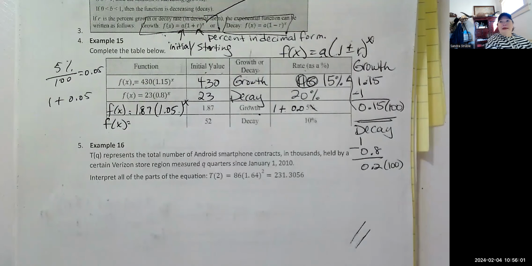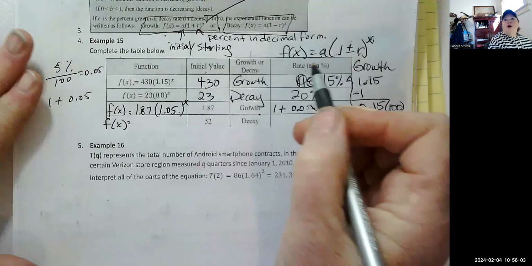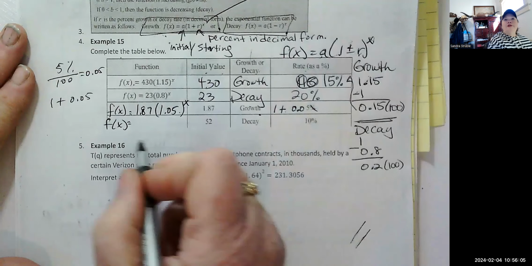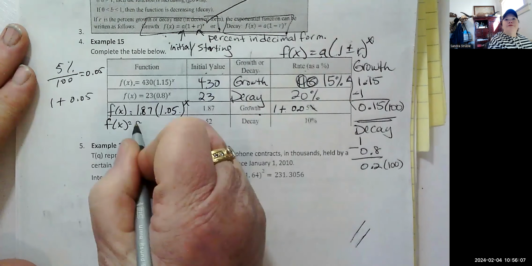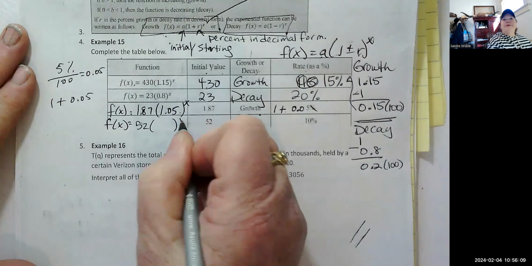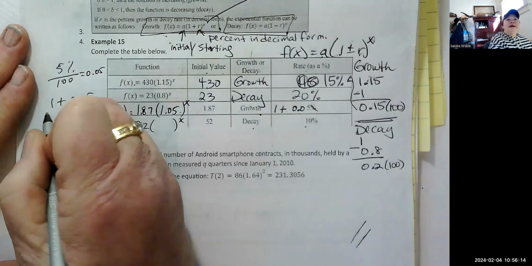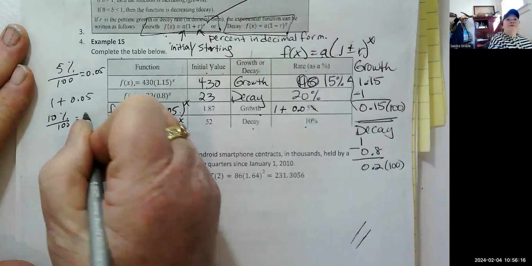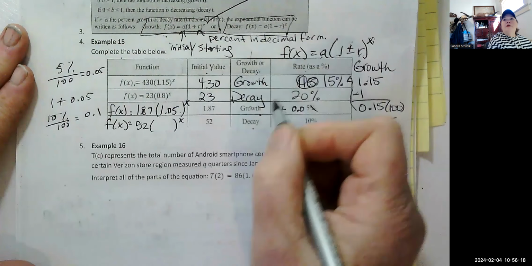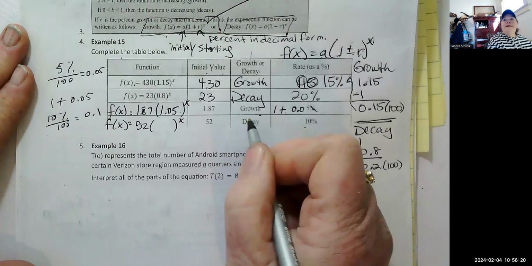Decay is the same thing, but instead of 1 plus r, we're going to use 1 minus r. Let's start off with our initial value, 52. Get our x up there. Decay at 10%, we have to take that 10% divided by 100 to get the decimal. Now it's 1 minus r because it's decay.